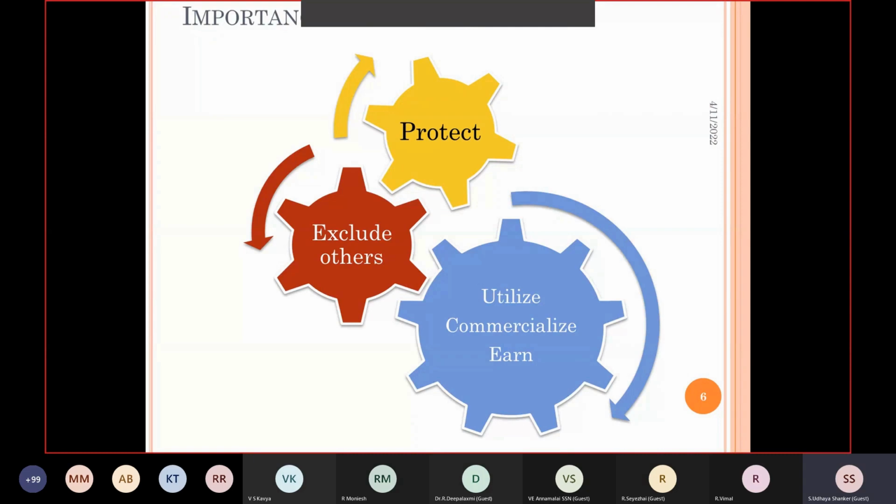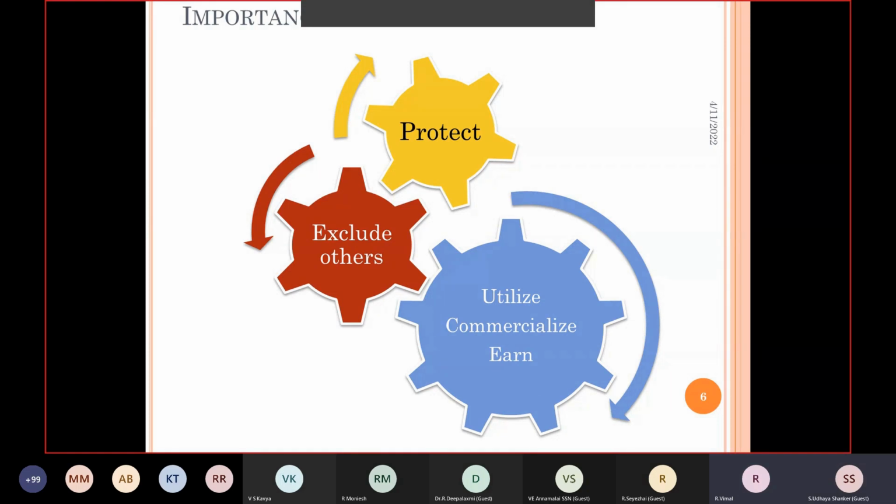So how do intellectual property rights work? I think you are clear with this concept of tangible and intangible, that is normal property and intellectual property. Now you see the significance of how this intellectual property works. First, it will protect. It will protect whom? It will protect the owner of the knowledge.